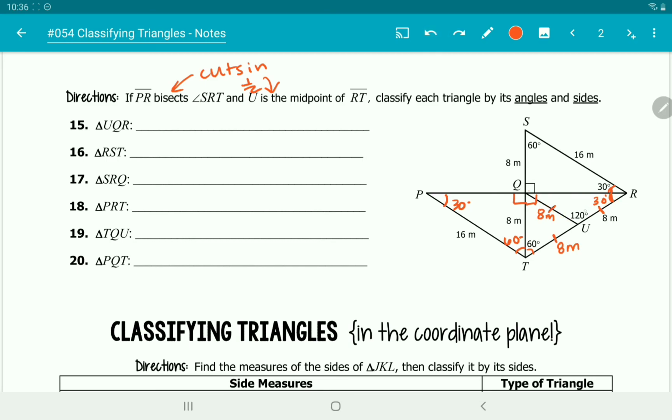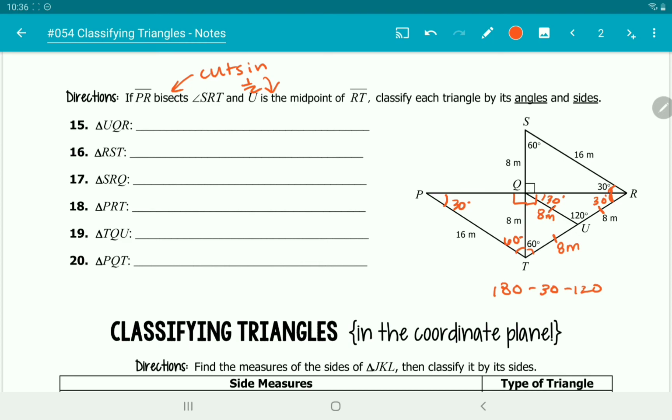Looking at the angles first, we have 30 something and 120. We know that in a triangle there's 180. If we subtract 30 and 120, we are going to get 30 degrees on this side too. So this one's also 30 degrees.